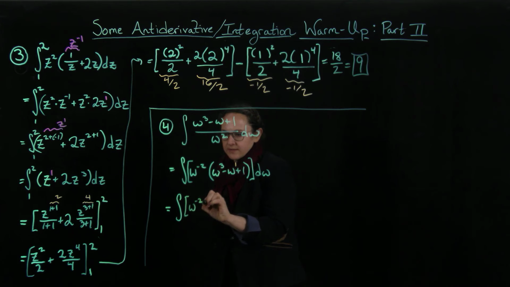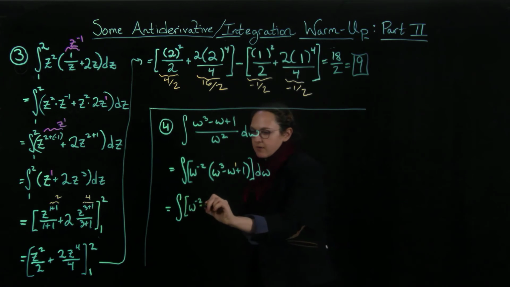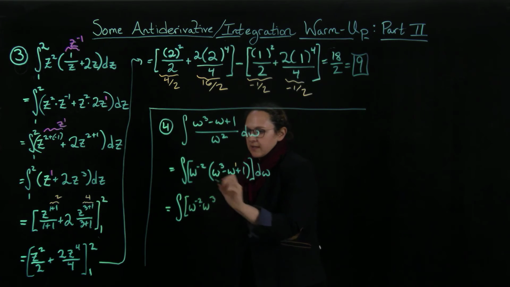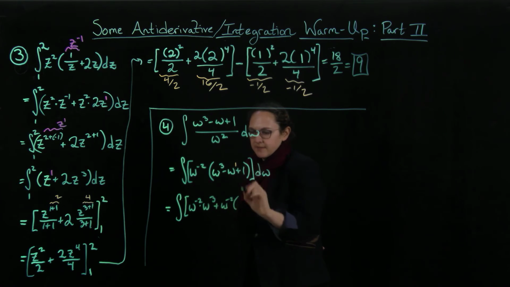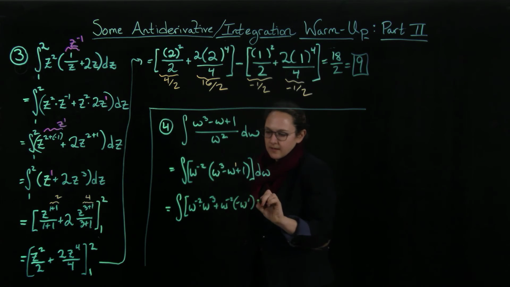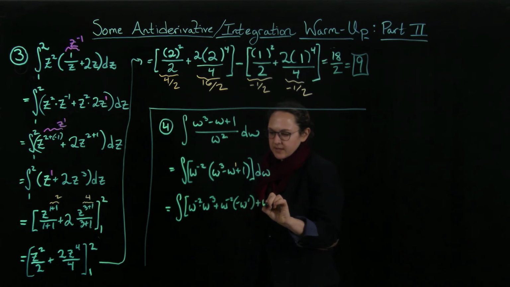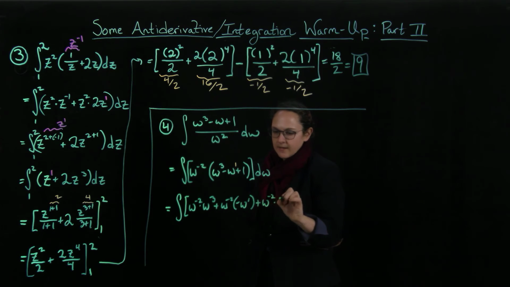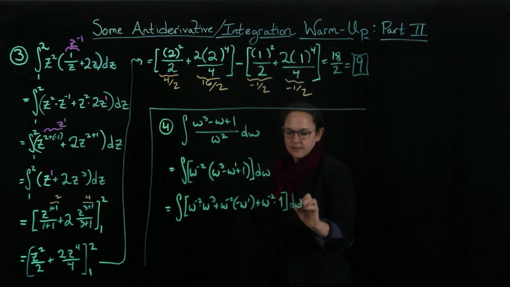So we're going to do w to the minus 2 power times w cubed. And then we're going to get a minus, or I could say plus, w to the minus 2 times minus w to the 1. And then I add w to the minus 2 times 1, dw.